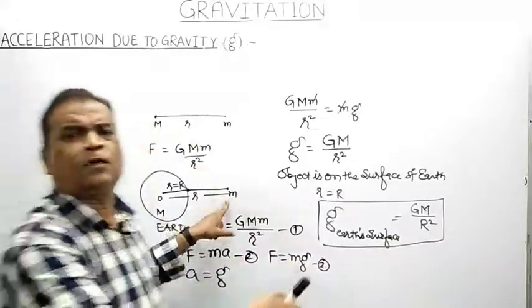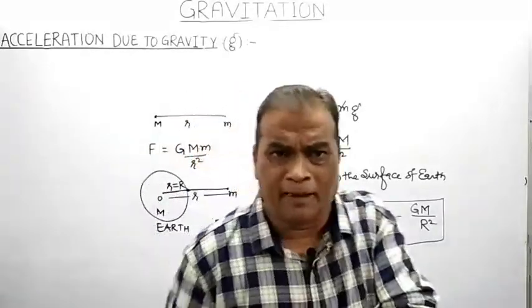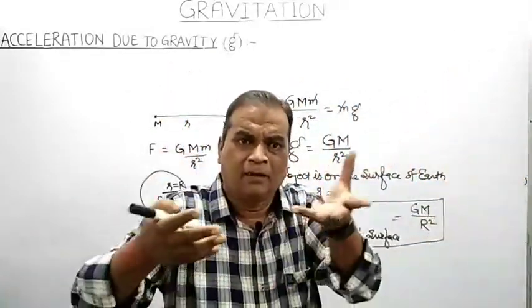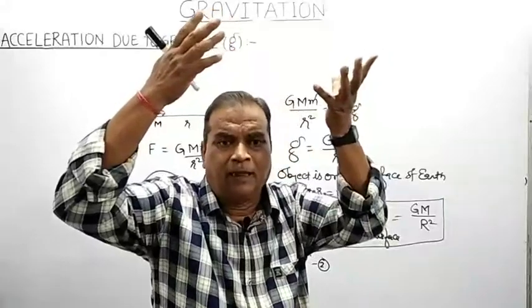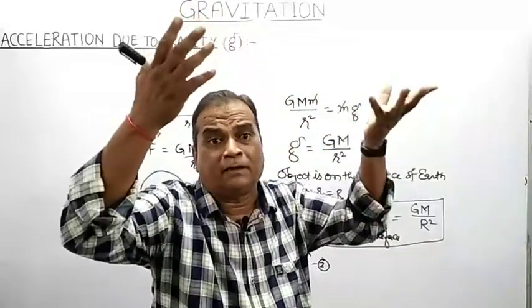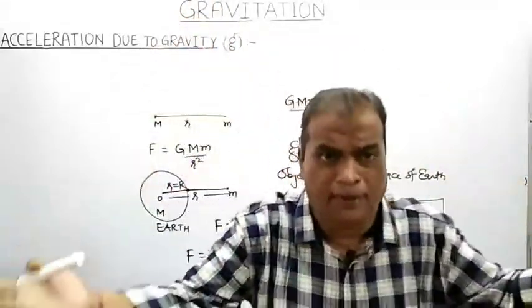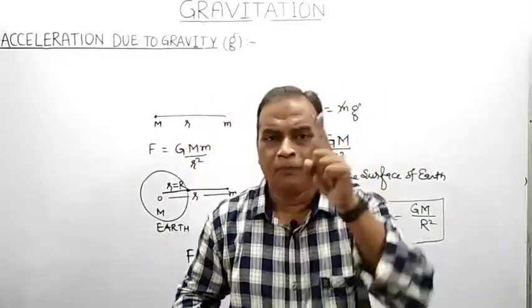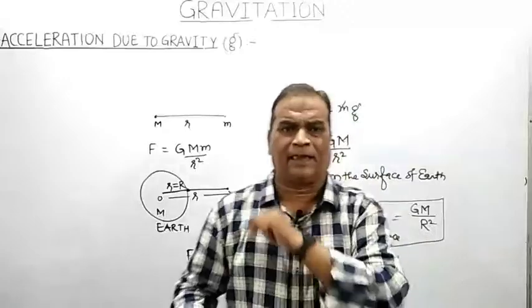That is what Galileo proved in his experiment, by releasing two objects, one heavier, other lighter, from the top of the Pisa Tower. He proved that both the objects, even though their masses are so different, will fall on the surface of earth with constant acceleration at the same time.